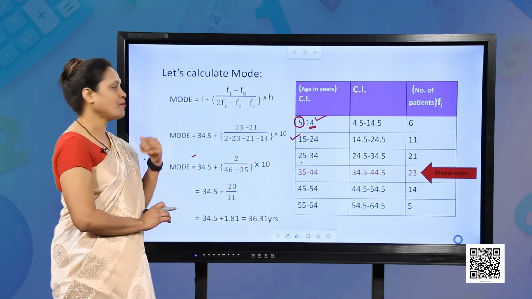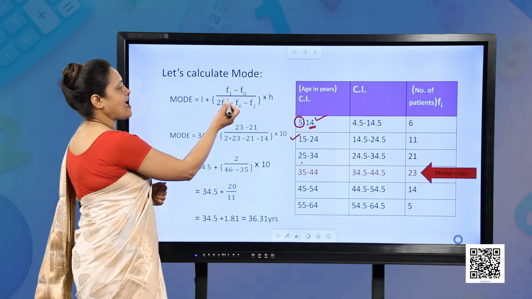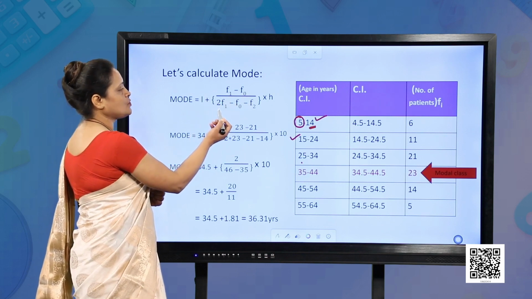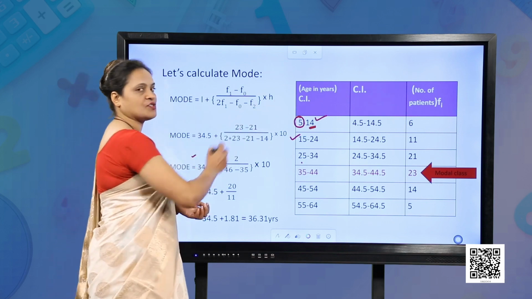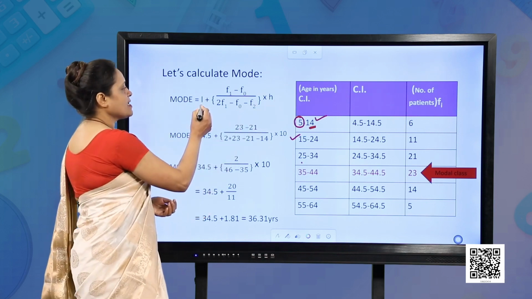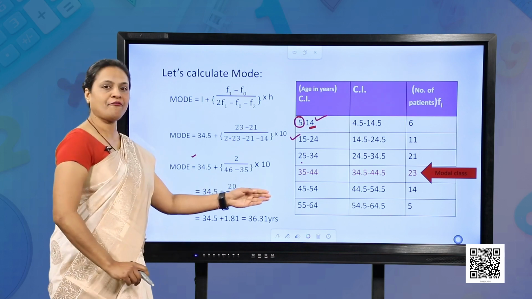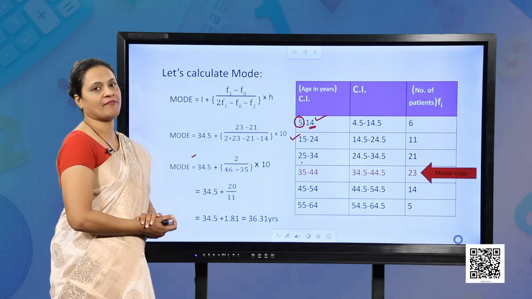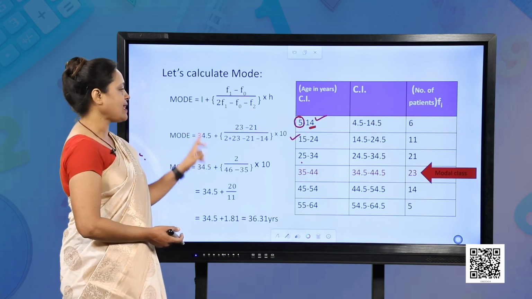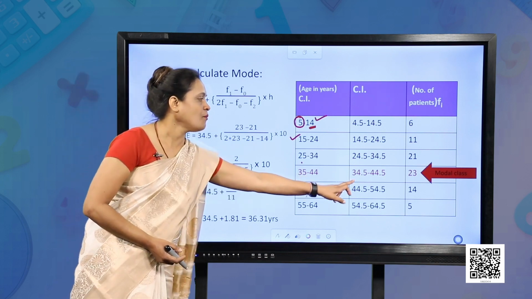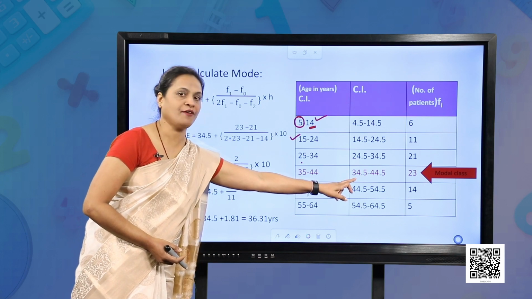Our formula for mode was L plus (F1 minus F0) upon (2F1 minus F0 minus F2) into H. Here you can see the value of L will be different from what we have taken in our previous question. So, in this case the value of L, that is the lower limit of the modal class, will be 34.5.